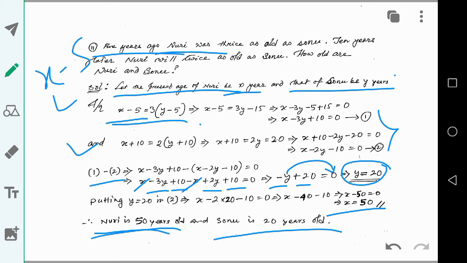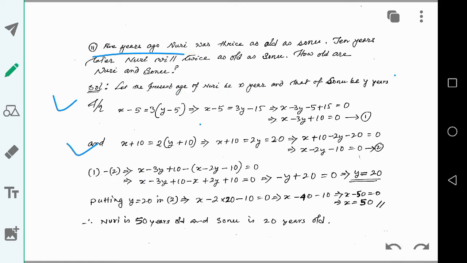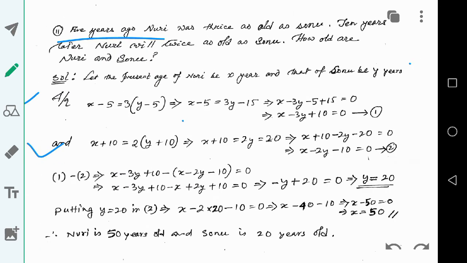As we have got y is equal to 20, and y was considered to be the age of Sonu, that's why Sonu is now 20 years old and Nuri is 50 years old. Hope you have understood. So now let's move on to the next question. What is the next question?